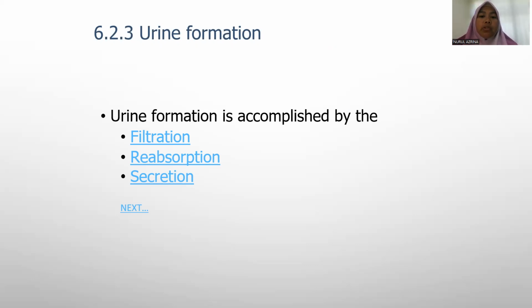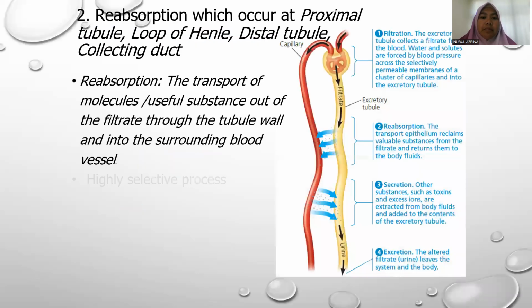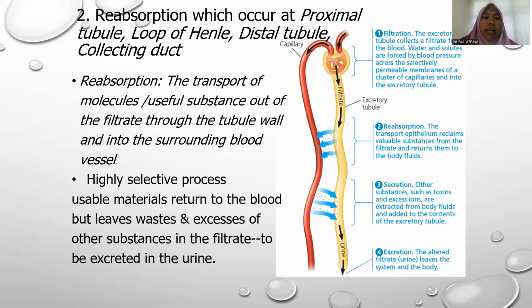Okay, next we go to the reabsorption process. What happened during reabsorption? First, we have to know what reabsorption is. Reabsorption is the transport of molecules or any useful substances out of the filtrate, meaning out of the excretory tubule, into the surrounding blood vessel or the surrounding body fluid.